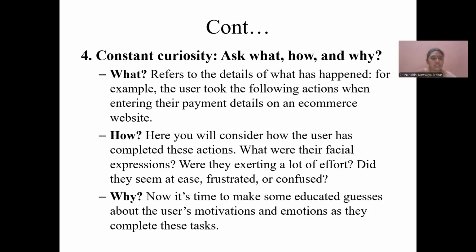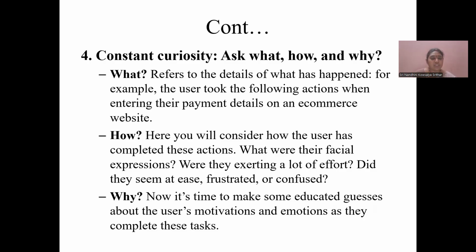Next, the fourth one is consistent curiosity, that is, ask what, how, and why. What refers to the detail of what has happened. For example, the user took the following action when entering their payment details on an e-commerce website. Then, how? Here, you consider how the user completed these actions.